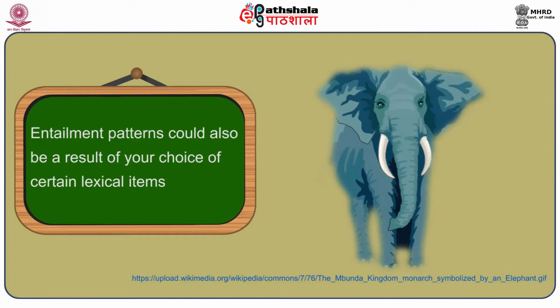But sometimes entailment patterns could also be a result of your choice of certain lexical items. So consider the following example, and contrast this with the first example, when I said this thing is red, this thing is a balloon. They jointly entail that this thing is a red balloon.